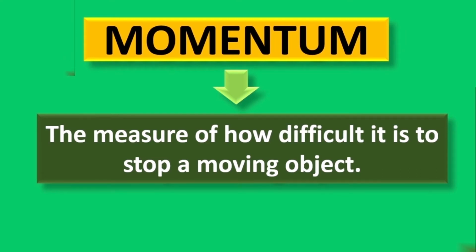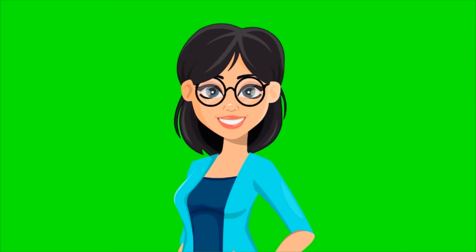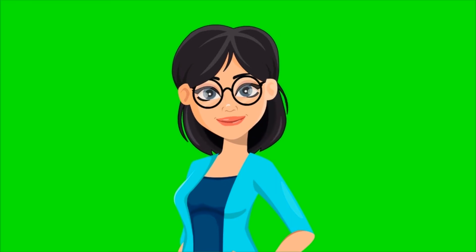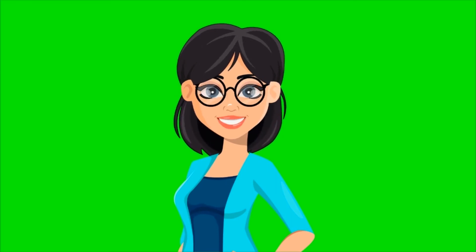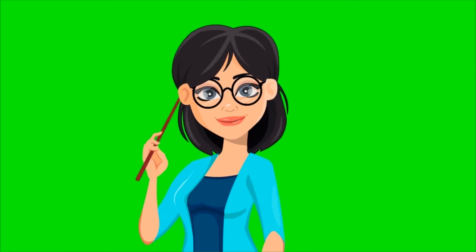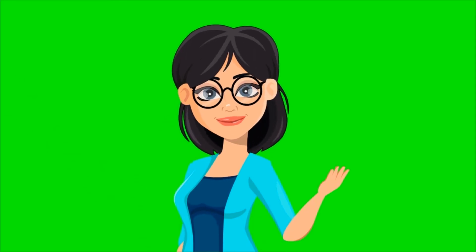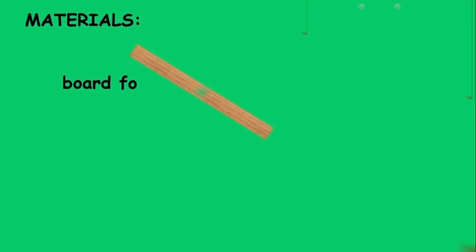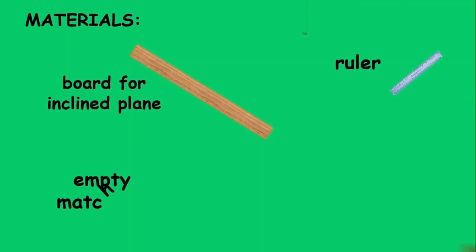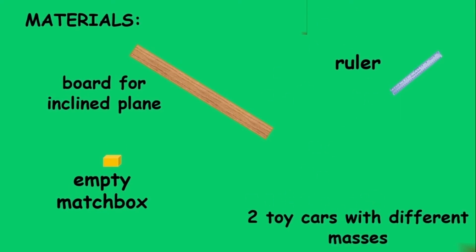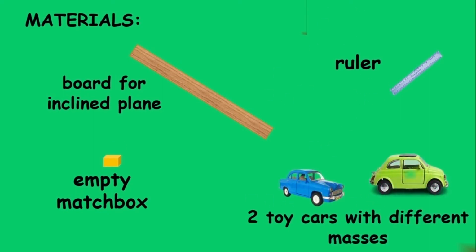What are the factors that may affect momentum? In order for you to determine the factors that may affect momentum, you have to perform the activity in your learning activity sheet. You will need the following materials: board for inclined plane, ruler, empty matchbox, and 2 toy cars with different masses.